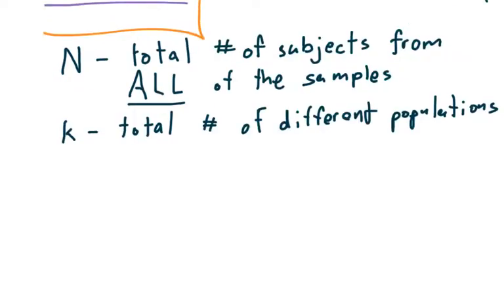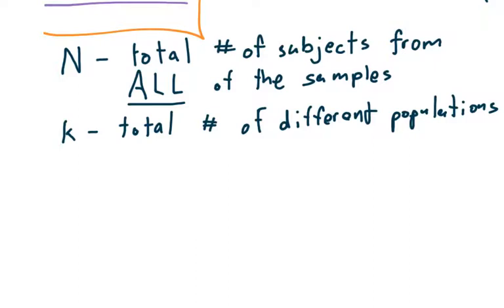So the first two values that we have to keep track of are denoted by capital N. That is the total number of subjects from all of the different samples that we've taken for all of these different populations.